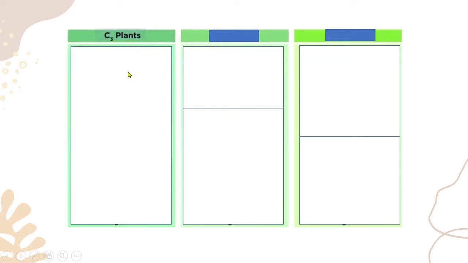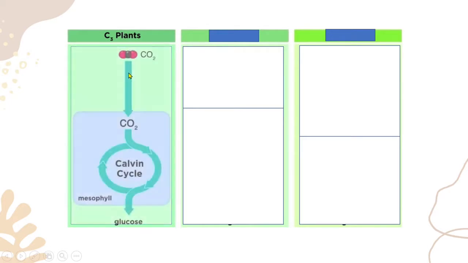The first pathway is called the C3 plants, and take note that the C3 pertains to a 3-carbon molecule. So this is the normal Calvin cycle. The carbon dioxide immediately enters the Calvin cycle and is converted to a 3-carbon molecule.